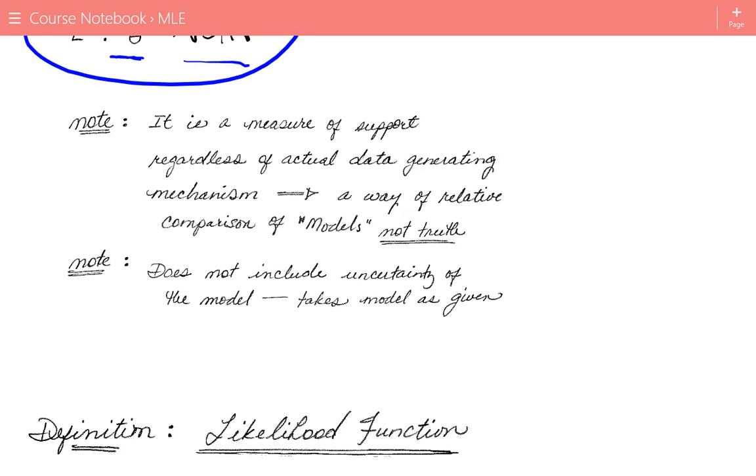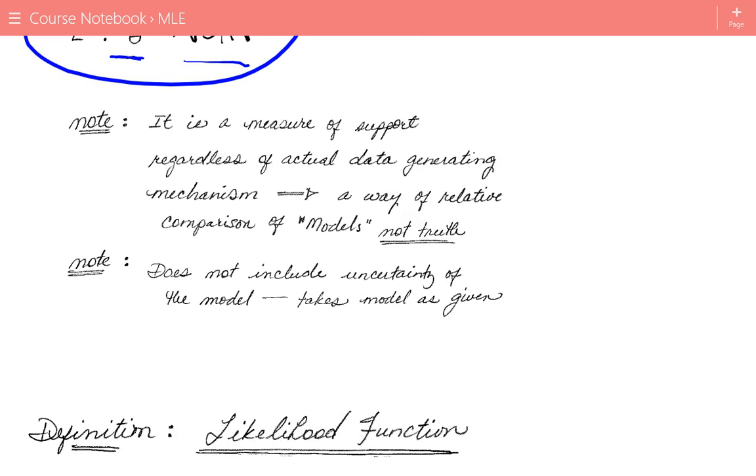So it is a measure of support regardless of the actual data generating mechanism. It's a way of doing a comparison of models, not necessarily to the truth, because we don't know what the truth is. We assert the model. We say, suppose it is a normal, suppose it is a gamma, and what is the maximum likelihood estimator based on that presumption.